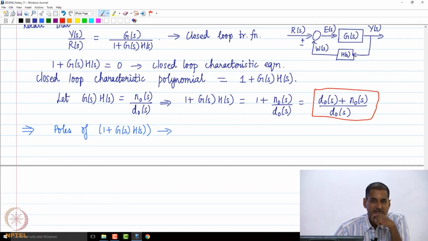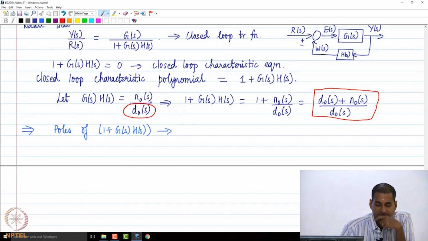D_O of s. What are the roots of D_O of s called? Poles of what? Open loop poles. Please remember that, because D_O of s is the denominator polynomial of the open loop transfer function. So, immediately you see that the poles of 1 plus G of s H of s are the open loop poles.